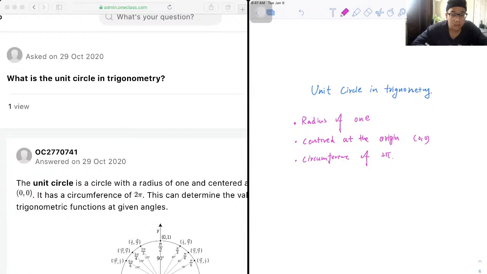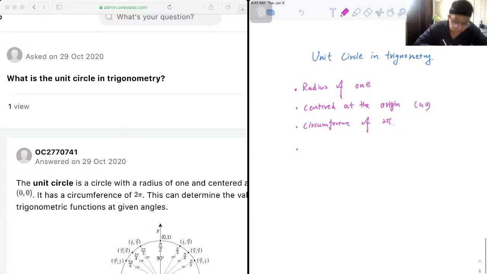And we can use this to determine the values of certain trig functions at given angles.